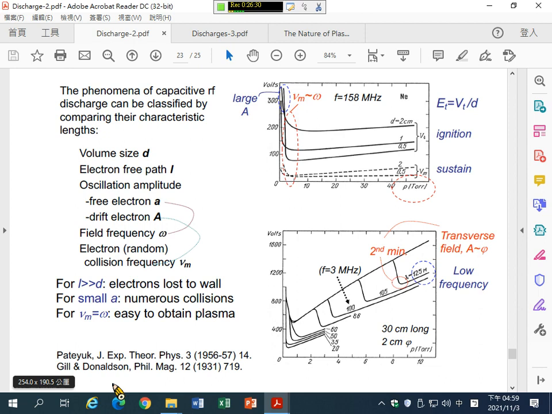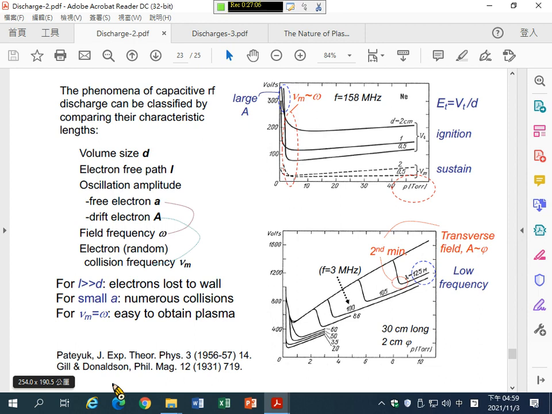In this case, your system is made of a quartz tube 30 centimeters in length and 2 centimeters in diameter. So there are two dimensions, two sides, and these two sides will affect the effective oscillation.